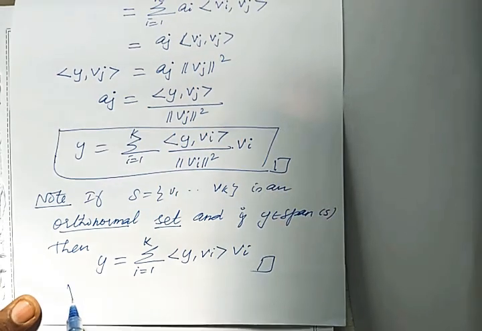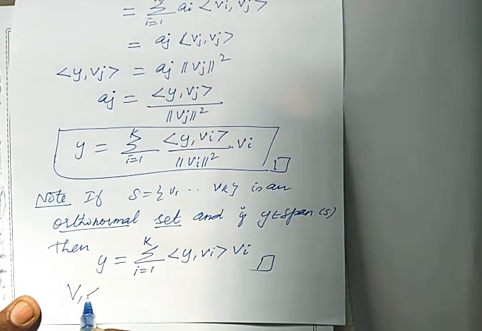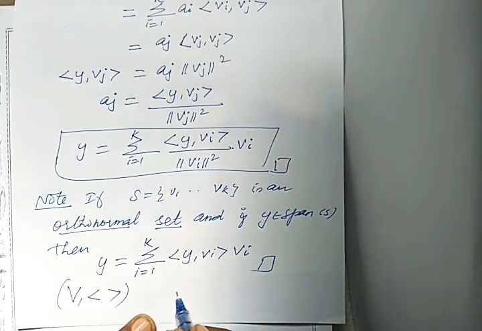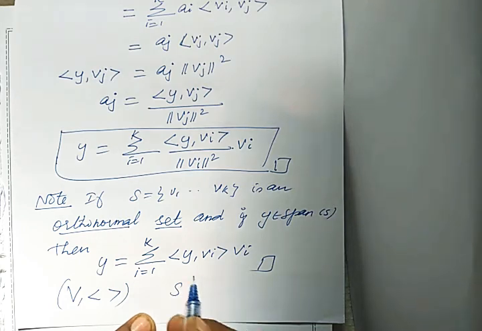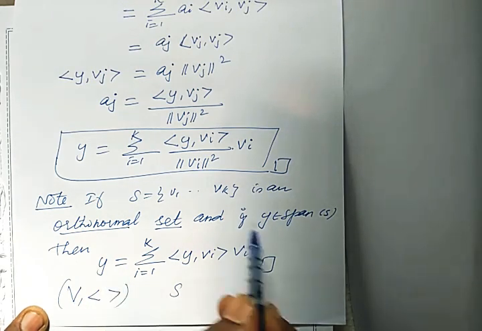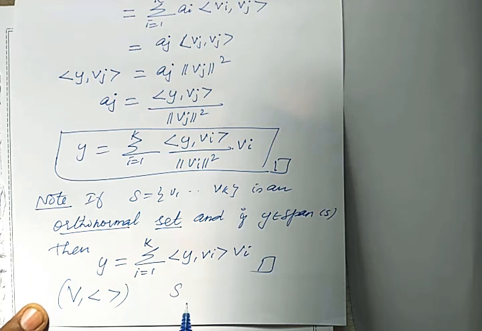Suppose V is an inner product space, and S is an orthonormal basis. Then every y in V can be expressed like this. So finding the coefficients is easy.